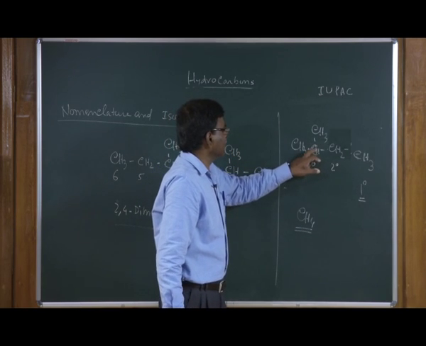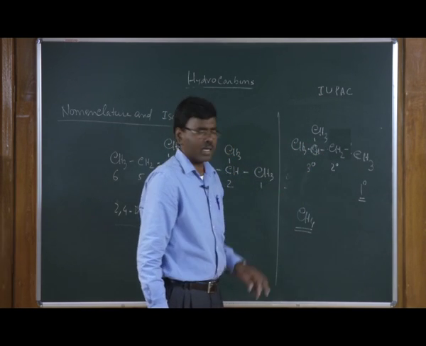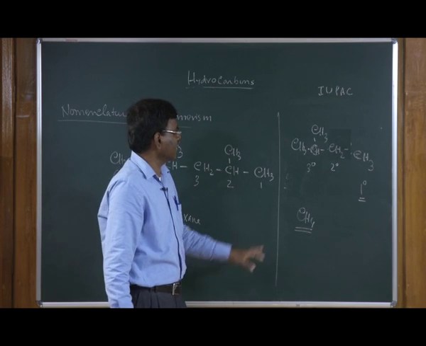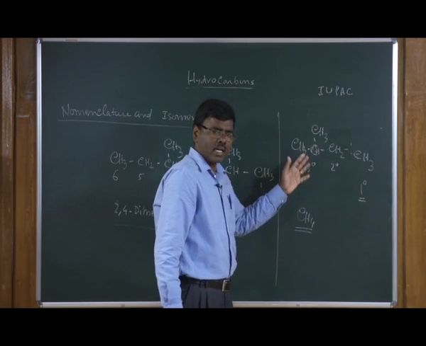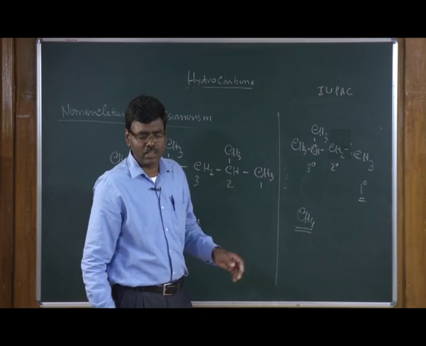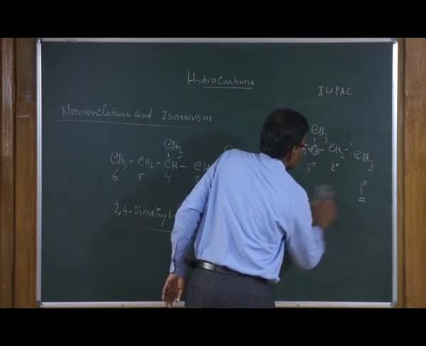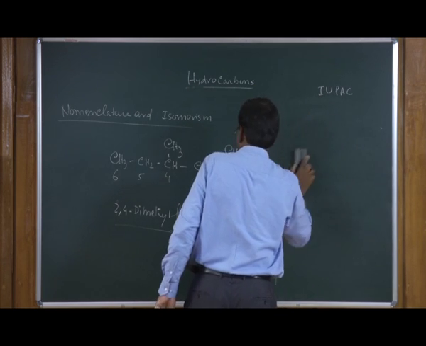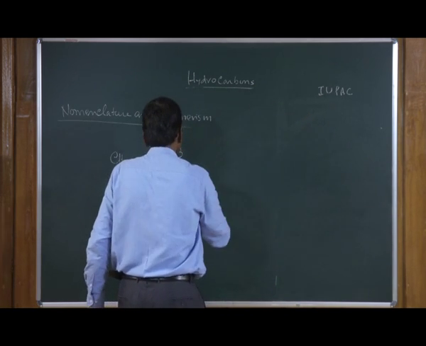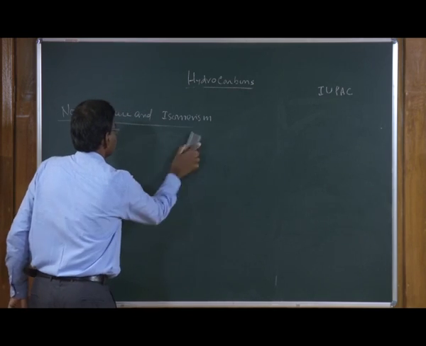So, this means this carbon is bonded with 3 carbon atoms, right, and if it is bonded with another carbon, we call this a quaternary carbon atom. This is followed by the nomenclature. Now, let us look at the isomerism.